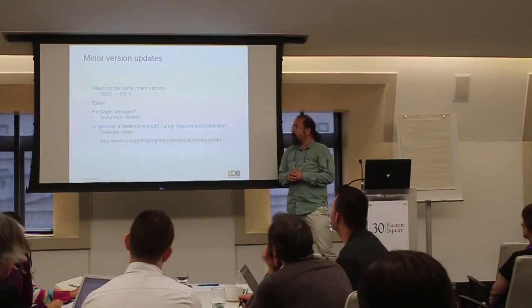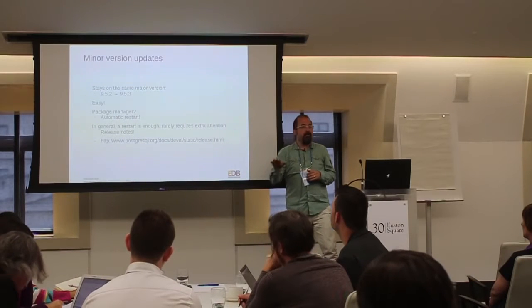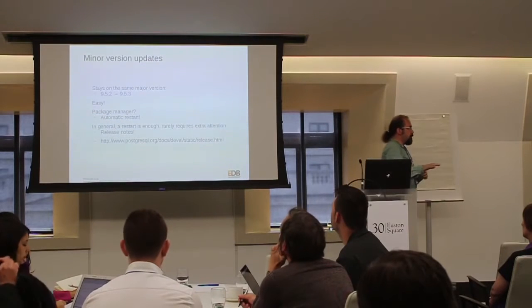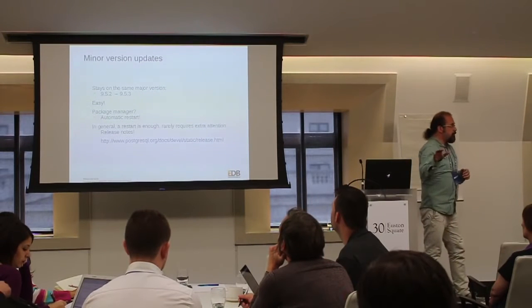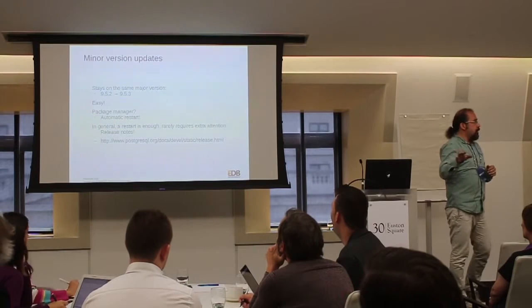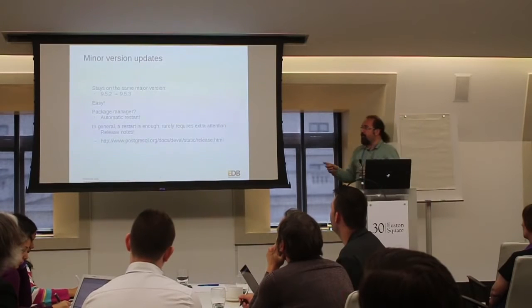When we say minor version update, it means staying on the same major version. So 9.5.2 to 9.5.3. So no application changes should be required between these.